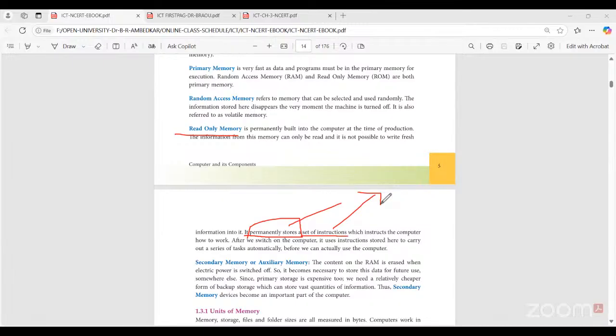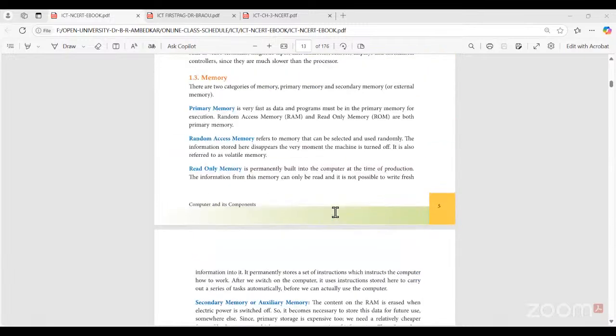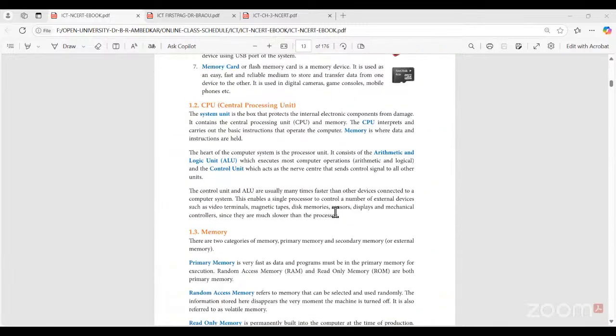So ROM is permanently storing it. Next one is secondary memory, or you can say auxiliary memory. So these are the memories. Memory is one of the components inside this CPU.